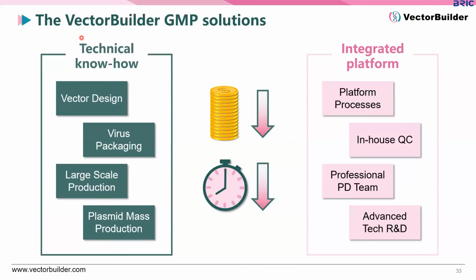We also built in-house QC that is going to provide validated in-house QC panels based on the project's request by the customer. We also have professional teams doing a lot of development of the process and also researching advanced technology. So ultimately, we want to provide the best price and also the fastest turnaround time for our customers in the industry.